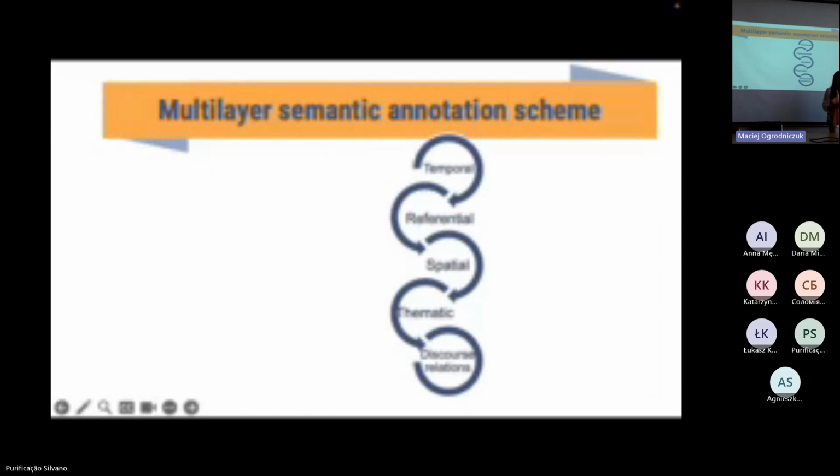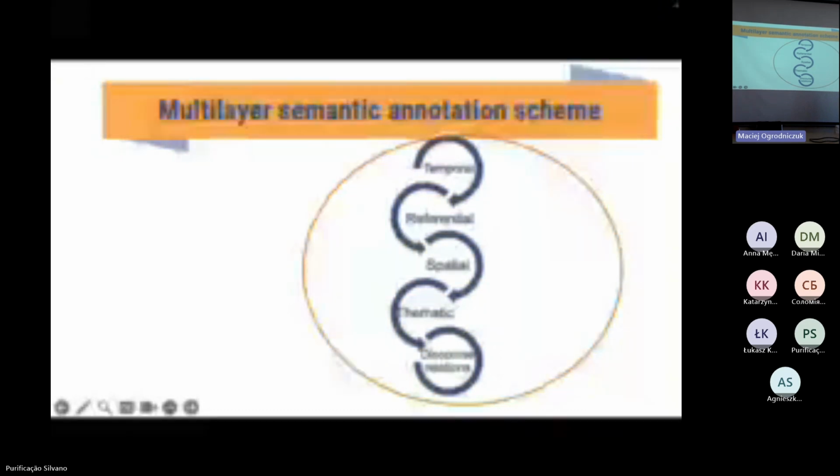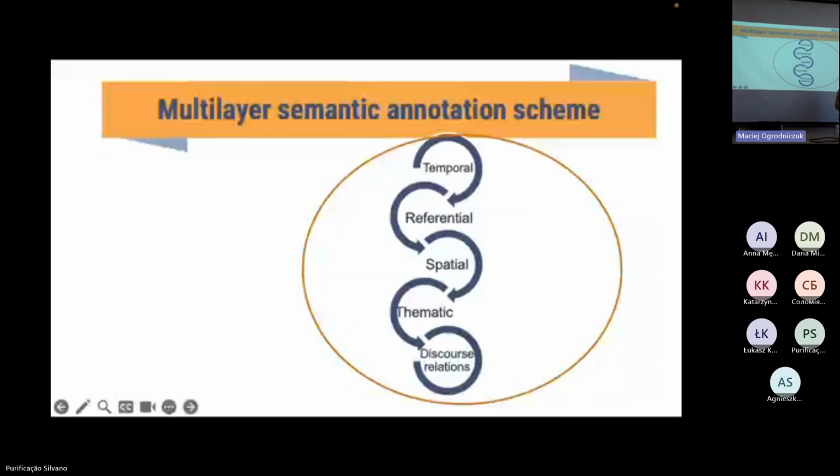We thought about how we should do this, and we wanted an annotation scheme that would be interoperable and coherent. So we didn't want to take the tags for temporal annotation from one proposal and then go to another proposal and take the necessary tags and attributes for referential. We wanted something that would be coherent, and also language agnostic.